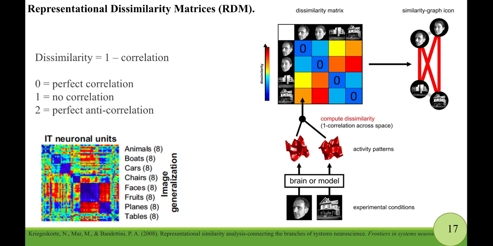And then we can say we expect that when we show you a human face and the response is the same face, and the space is these activity patterns, and then we look at the correlations using the formula that I showed you, they need to be very similar and perfectly correlated.